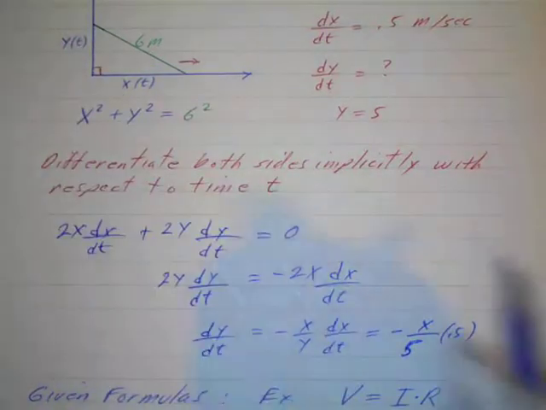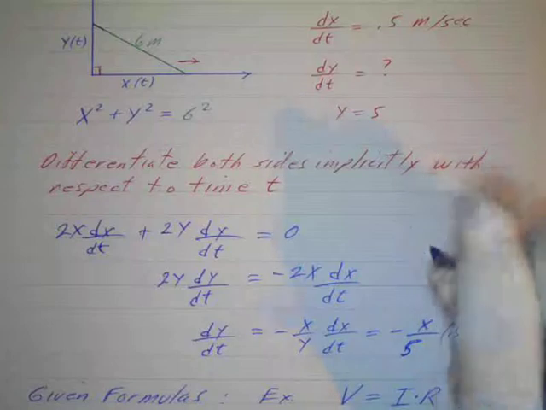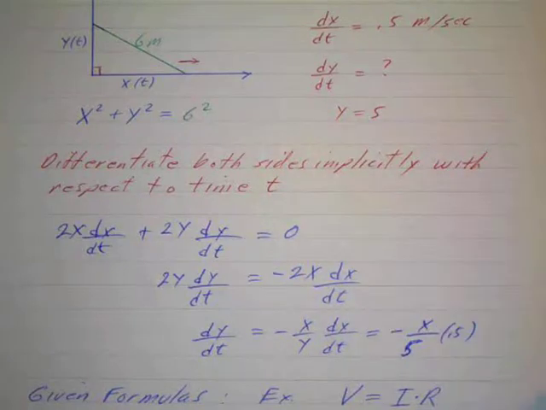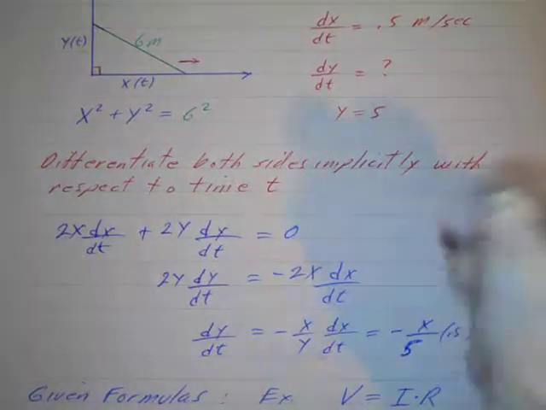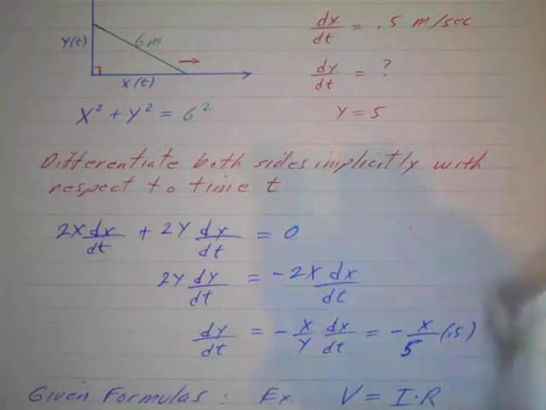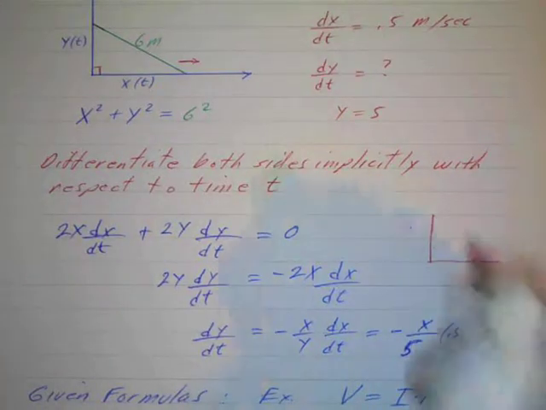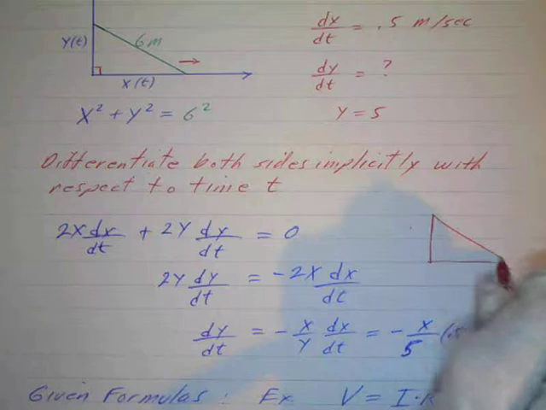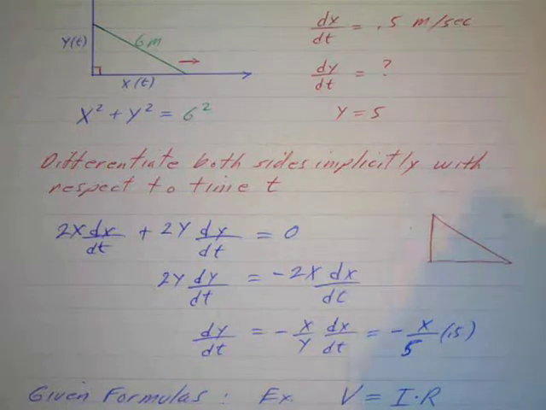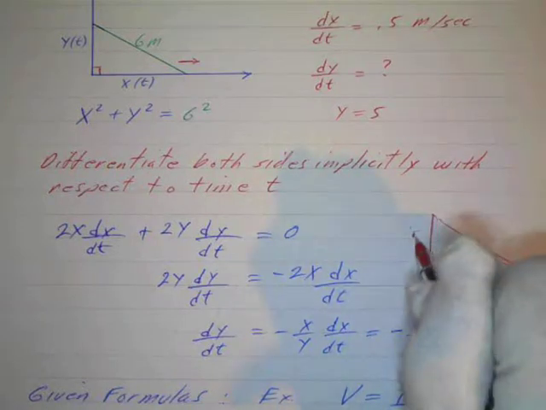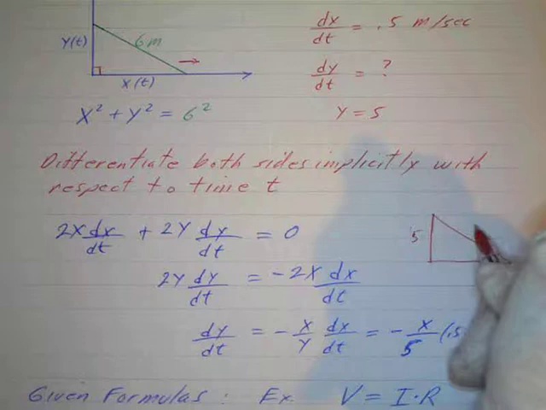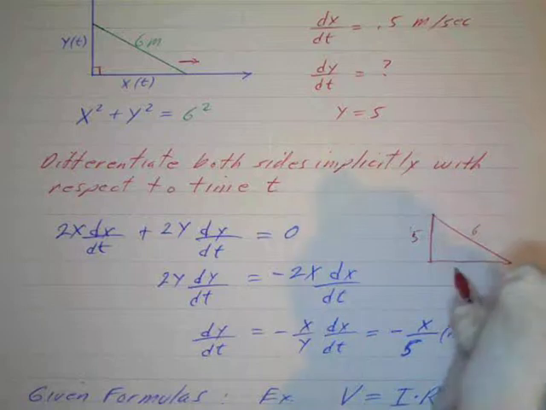Well, this ladder is moving and it's always going to form a right triangle. So at that instant when y is 5, I have a right triangle, so I'll draw it over here so you can see it. At that instant that y is 5, and my ladder is always going to be 6, can I find out what x is?